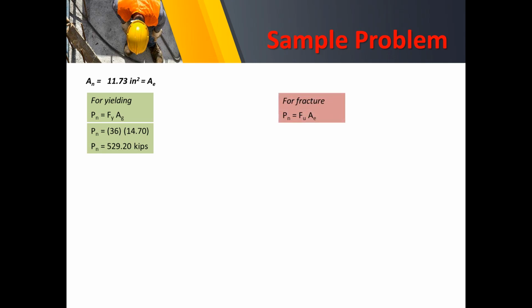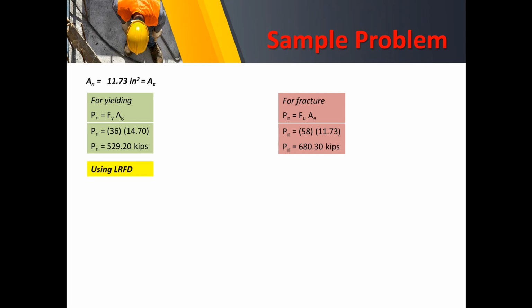Now for fracture, we calculate Pn by pairing your Fu times the effective area. So Fu for A36 steel is 58, and your area. So this is where we can now utilize what we have computed, 11.73, and the product would yield to 680.3 kips.